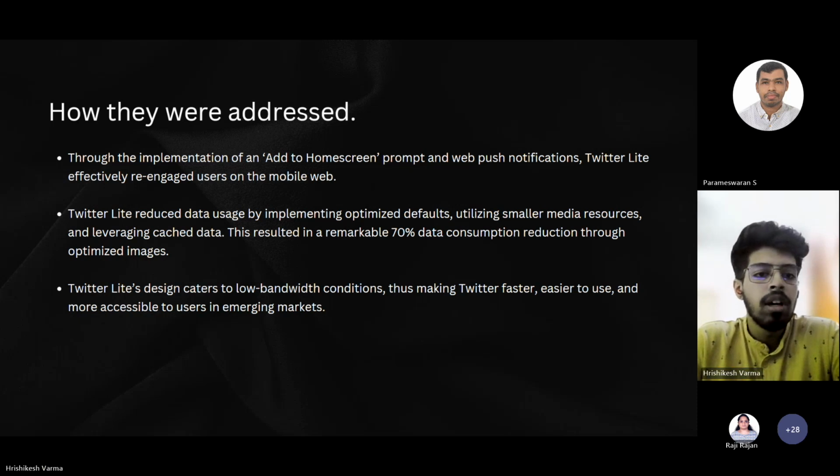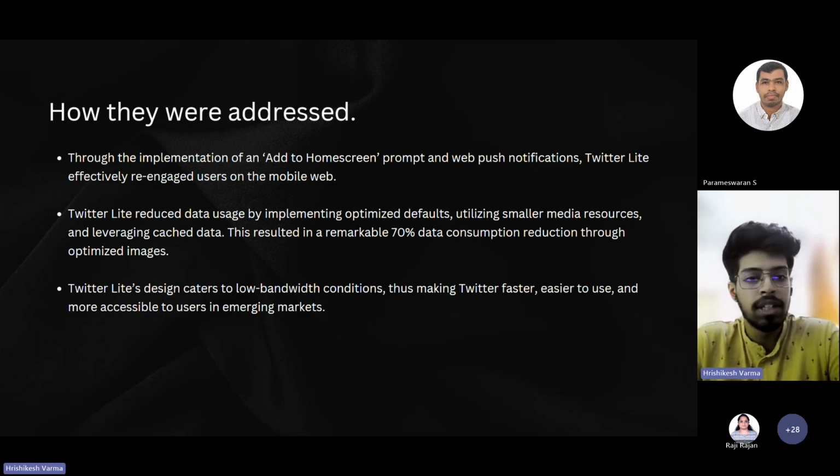Let's check. Through the implementation of an add to home screen prompt and web push notifications, Twitter Lite effectively re-engaged users on the mobile web. Twitter Lite reduced data usage by implementing optimized defaults, utilizing smaller media resources, and leveraging cached data. This resulted in a remarkable 70% data consumption reduction through optimized images.